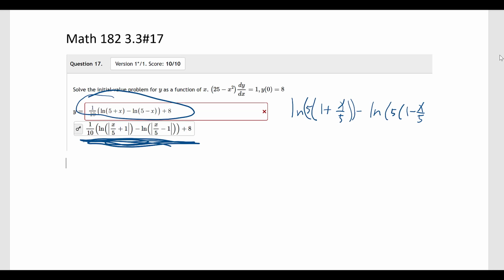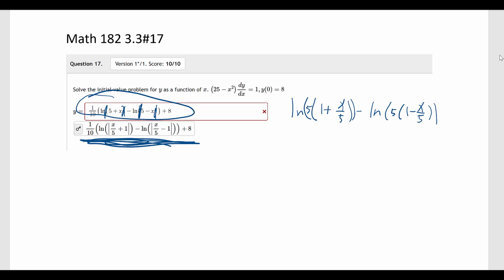And really what we have is an absolute value. And I'm tending to wonder if that's where the issue is, that the student didn't do an absolute value bar here and here. That could be the problem. In fact, that might be what the issue is.